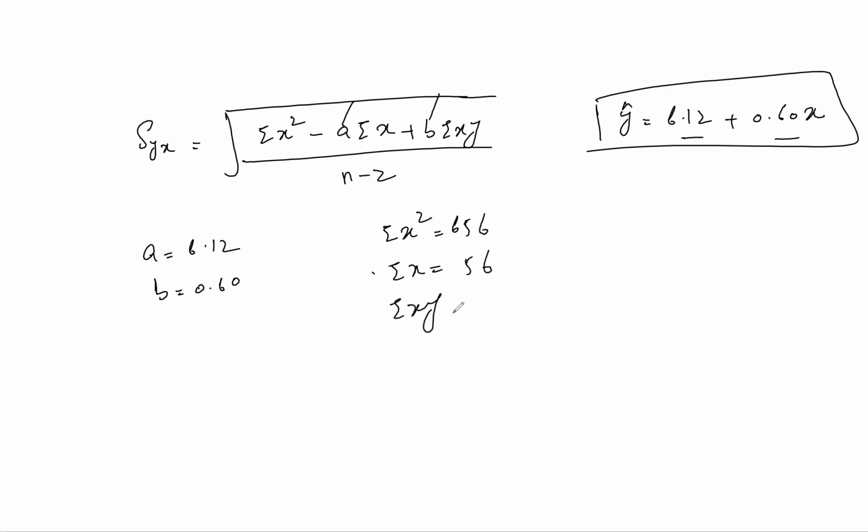Sum of xy is 743. We can substitute the values into SYX.